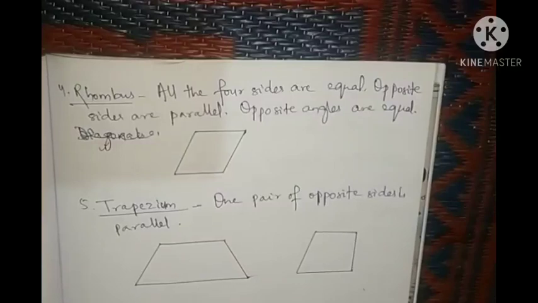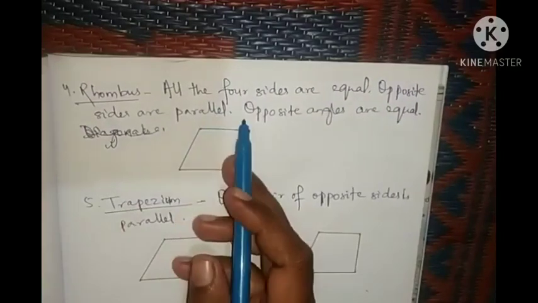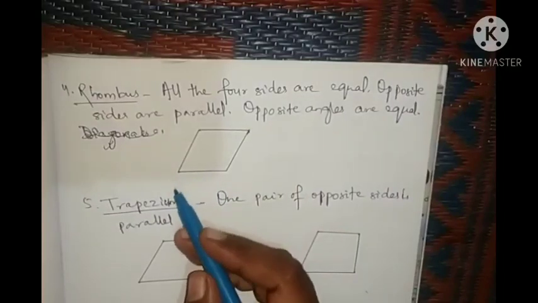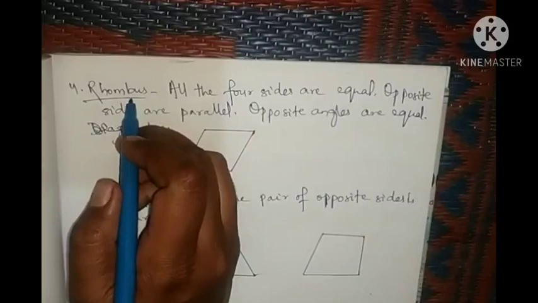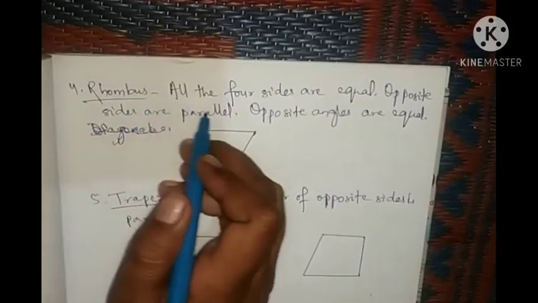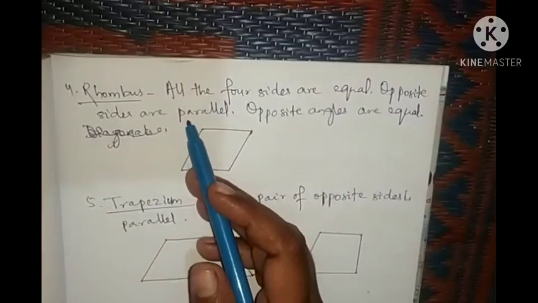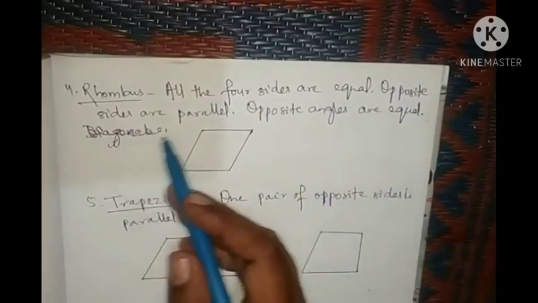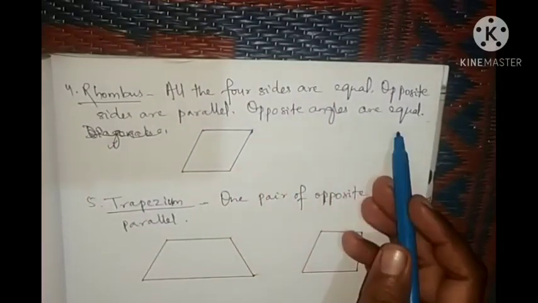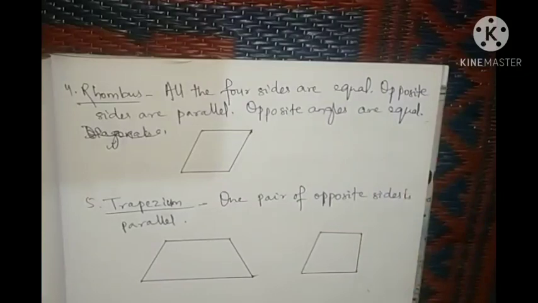Next you see the rhombus. So what is a rhombus? All the four sides are equal. Rhombus, you know the spelling: R-H-O-M-B-U-S, rhombus. All the four sides are equal, opposite sides are parallel, opposite angles are equal.